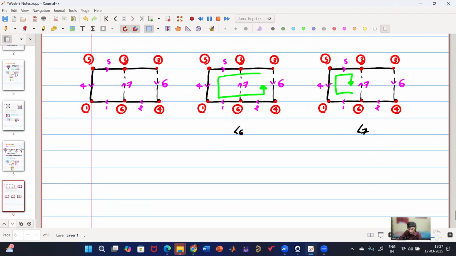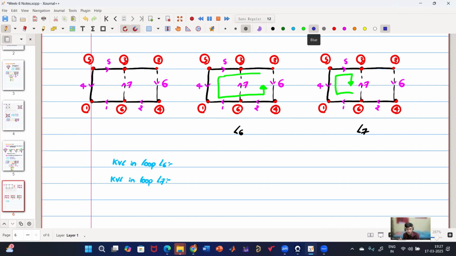Yes, sir. Okay, now some of you please help me with the KVL. So KVL in loop L6, what is the expression? And then KVL in loop L7, what is the expression? We have to tell the right expression this time.